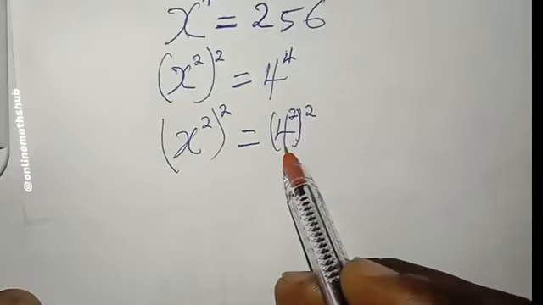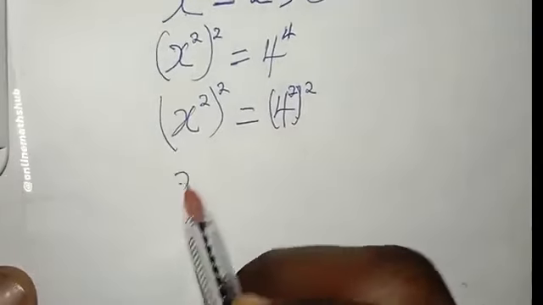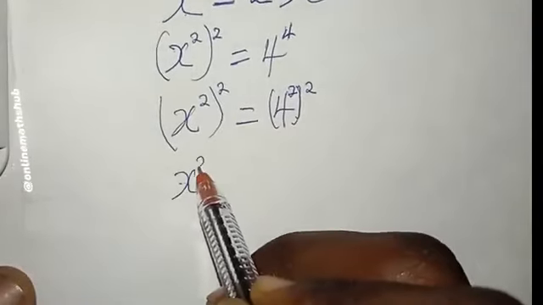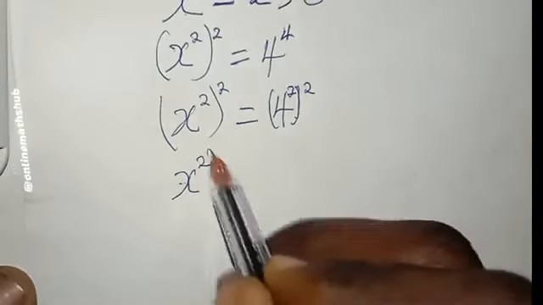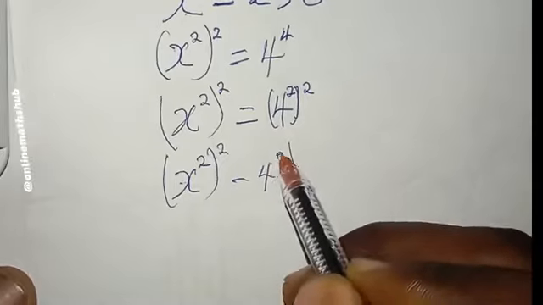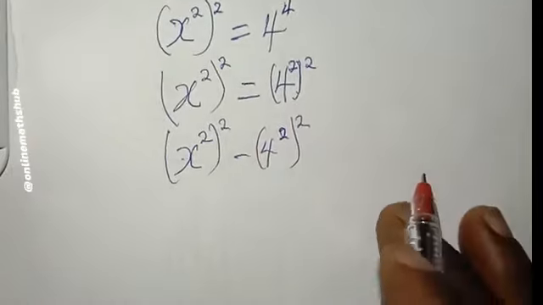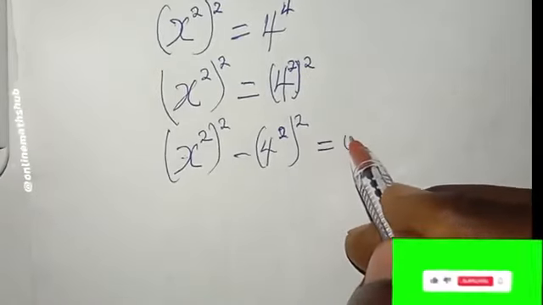Then let me bring this to the left hand side, so that what I'm going to have is x power 2, raised to power 2, minus 4 power 2, and then exponent 2, is equal to 0.